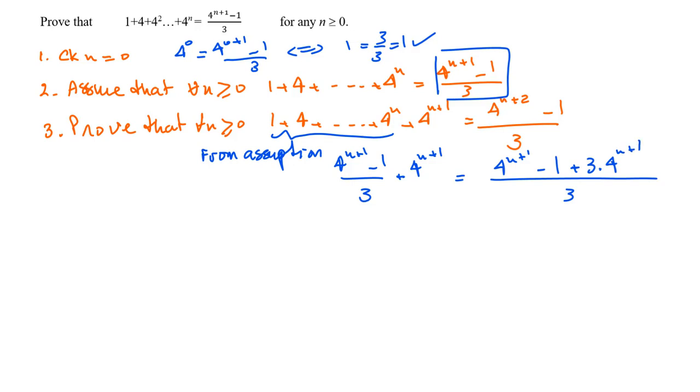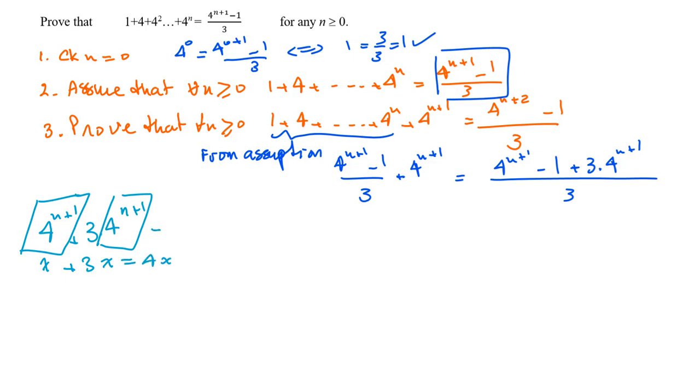So here on the side, I'm going to just do this algebra. We would have 4 to the n plus 1 plus 3 times 4 to the n plus 1. Again, similar to the example we've seen before, if this in the box we call x, we would have x plus 3x, which is 4x, so therefore it becomes 4 times 4 to the n plus 1.